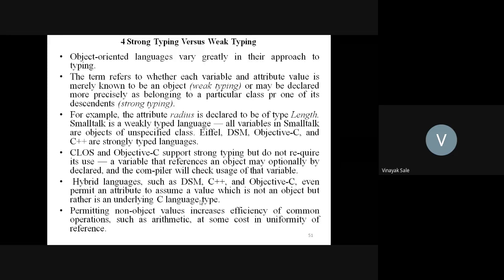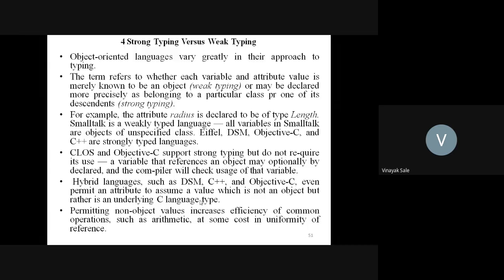For example, the attribute radius is declared by type length. Smalltalk is a weakly typed language. All variables in Smalltalk are objects of unspecified class. EFL, DMS, Objective-C, and C++ are strongly typed languages, whereas Smalltalk is a weakly typed language.